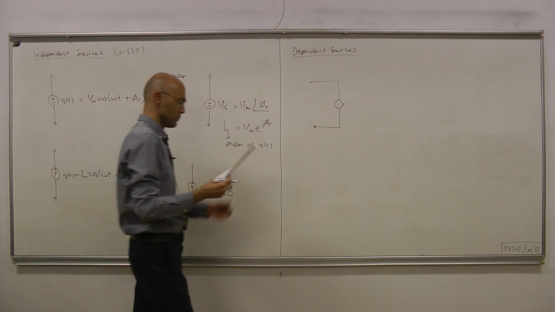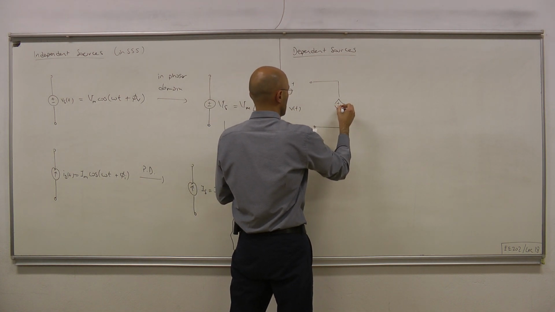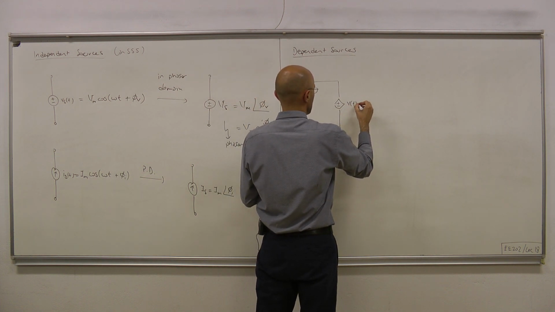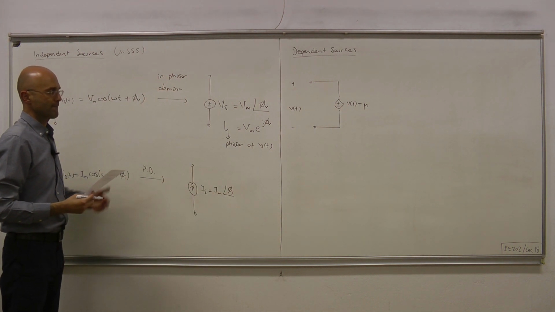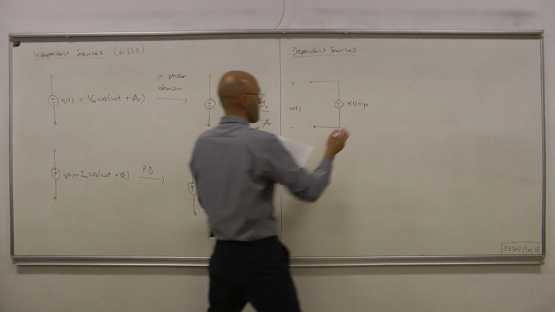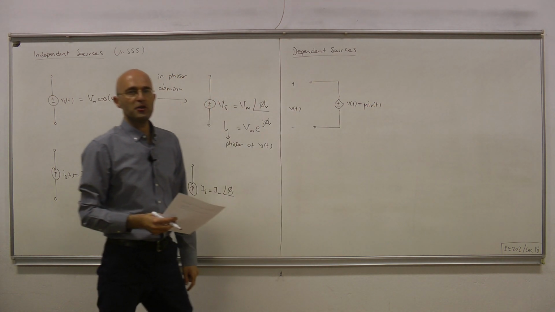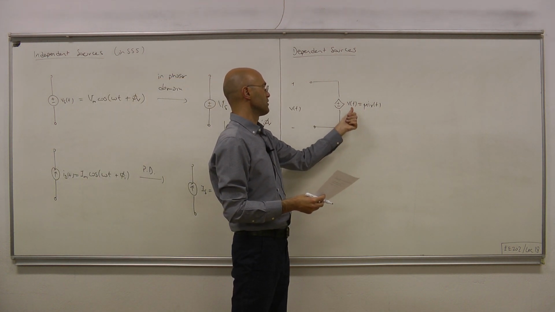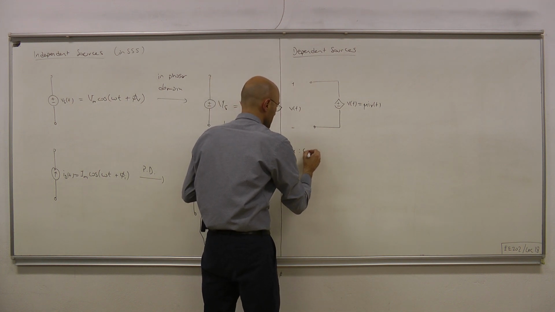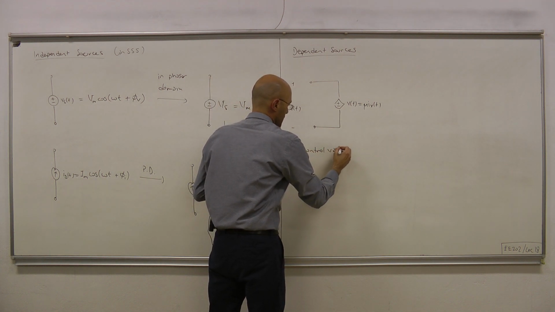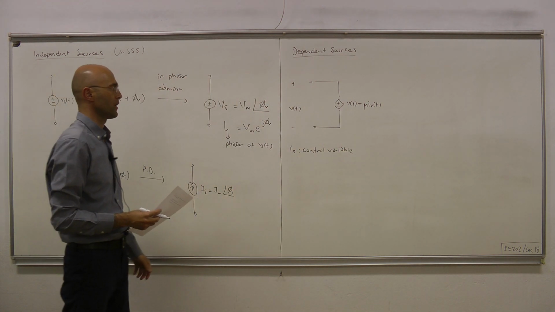It's our dependent source, and in time domain, the relation between the voltage and its control variable, which is current, is this algebraic relation: v equals some constant mu times Ix of t, where Ix is the control variable of this dependent source, some current somewhere in the circuit.